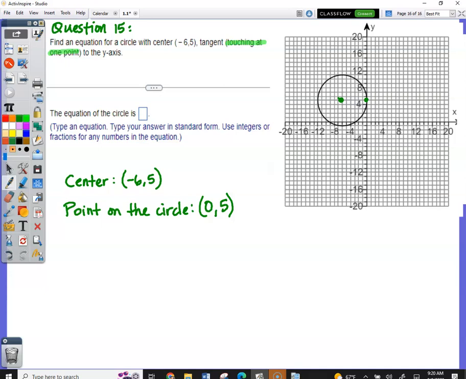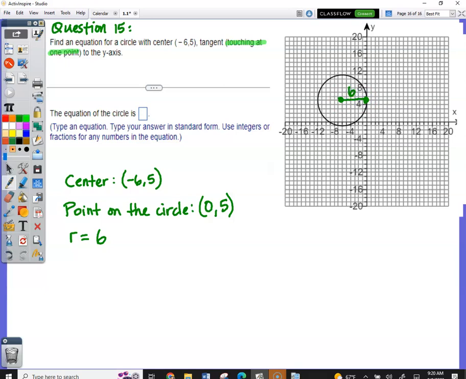This is -5 to 0, so the radius is 5. No, it's -6, isn't it? It's -6 to 0. Did I put it in the wrong spot? No, 4, 5, 6. Yeah, I'm at -6, 5, and this is 0, 5. So the radius from here to here is the length of 6.